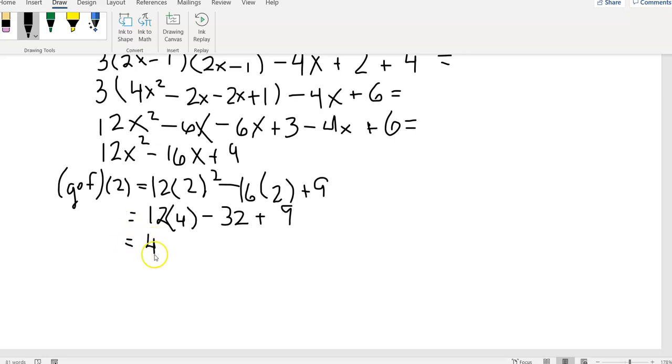That will give me 48 minus 32 plus 9. And I'm thinking that's 25. Let's see, 48 minus 32 is 16 plus 9 is 25, yeah.